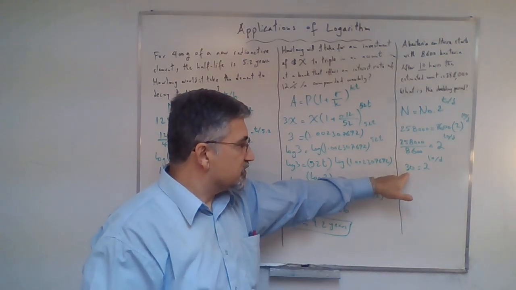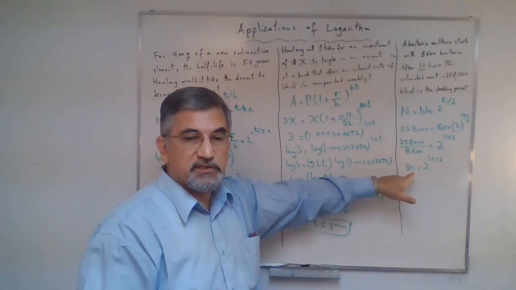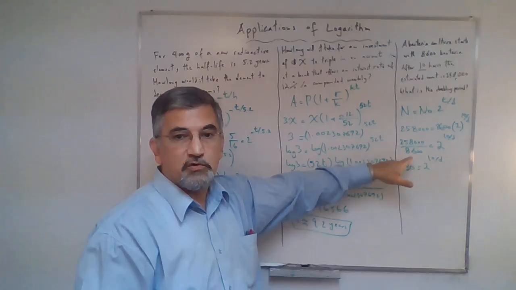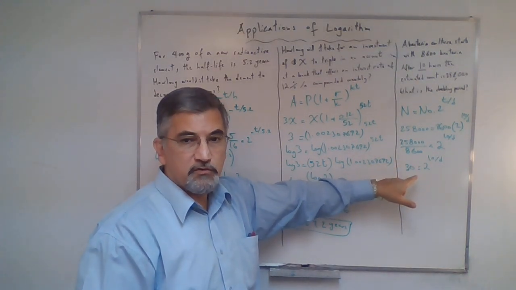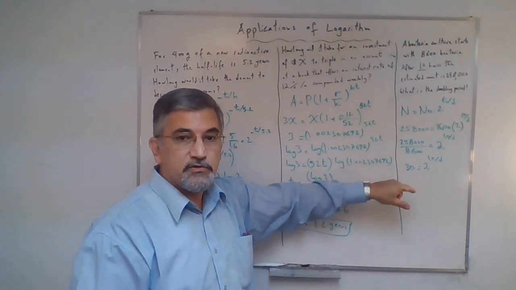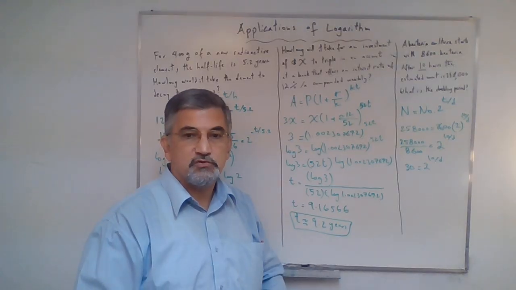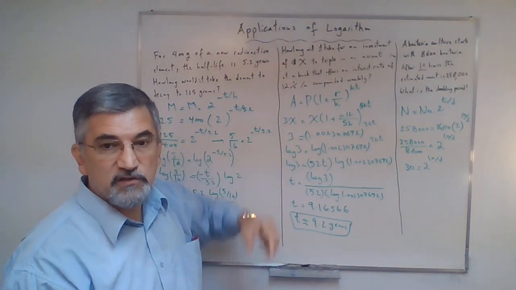But unfortunately, this number here is not 32, and it cannot be expressed as a power of 2. If this was 32, it would be 2 to the exponent of 5, and we could solve the exponential equation without the help of logarithm. But because it's 30, and 30 happens not to be a power of 2, we have no choice other than using logarithm. That's exactly what I'm talking about here, applications of logarithm.